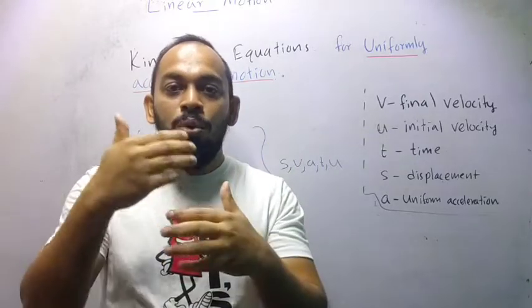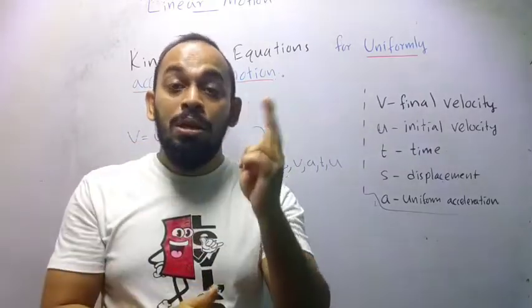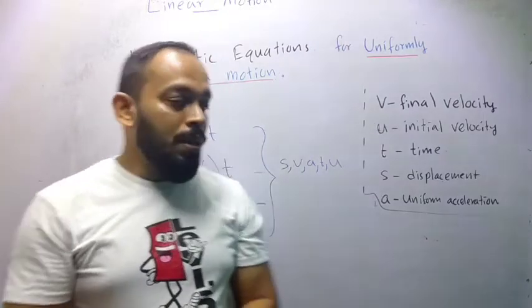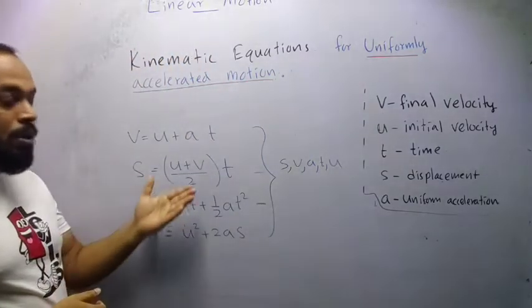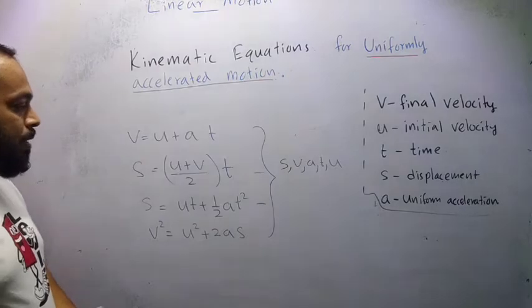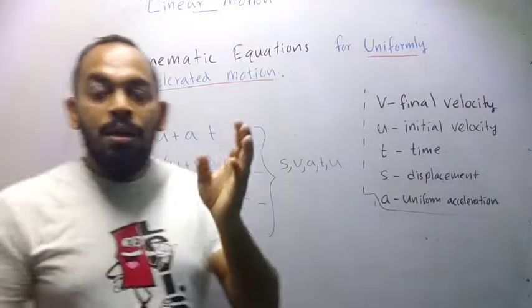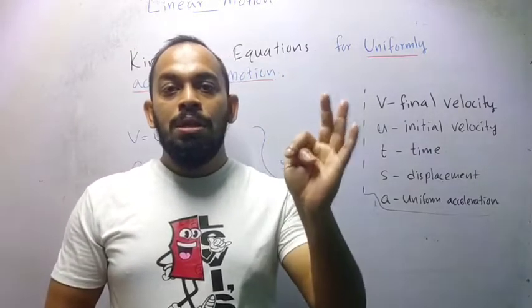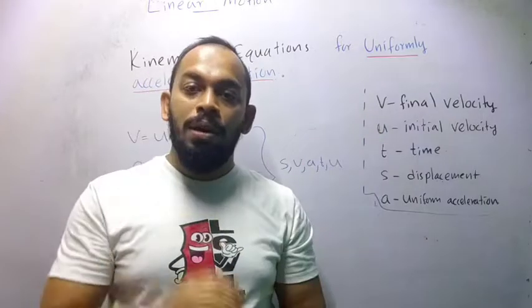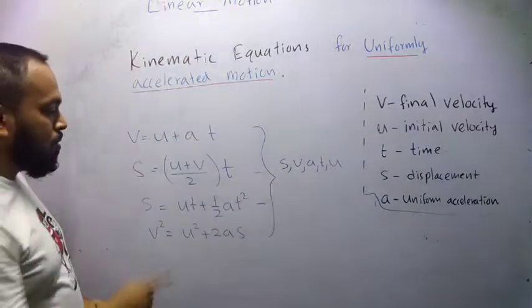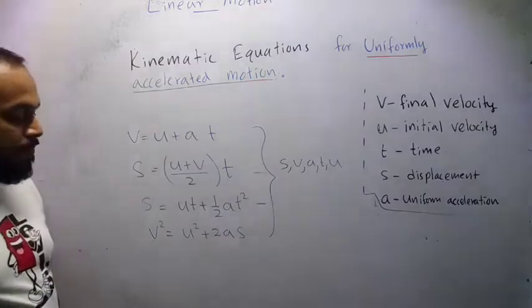If you want to solve for 2 variables, you need 2 equations. So it's very important that you choose the correct equation. If you are given displacement, initial velocity and final velocity, and you are asked to find time, then which equation should you use? This equation.